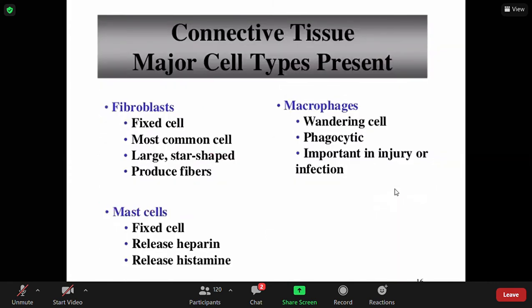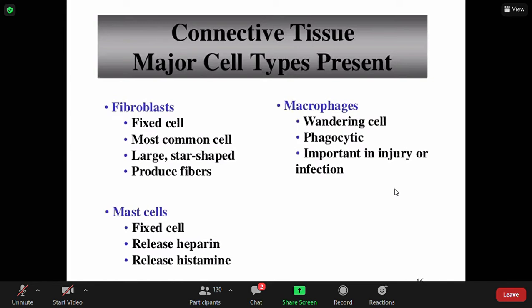Now, connective tissue major cell types present. The fibroblast is a fixed cell, the most common cell, large and star-shaped, and they produce fibers. The fibrocytes do not produce any more fibers because they are already mature or old.